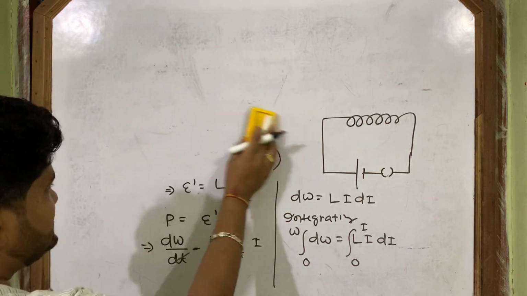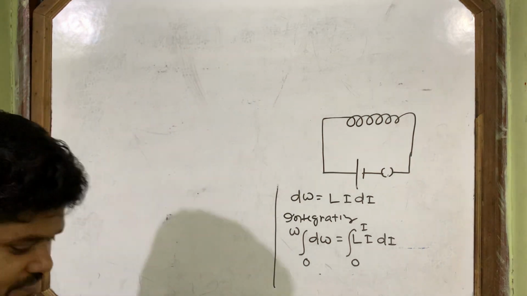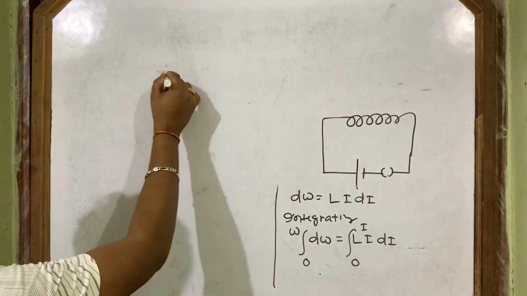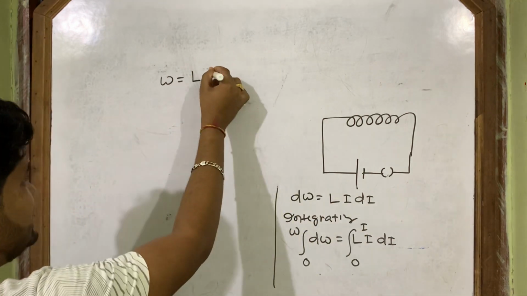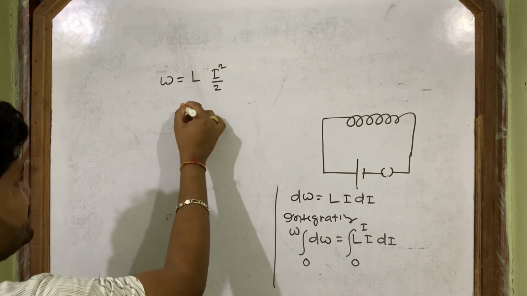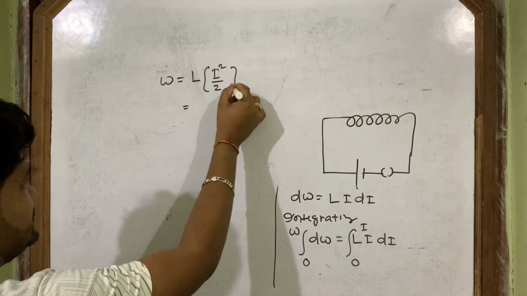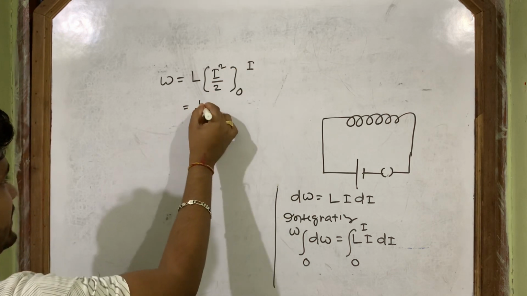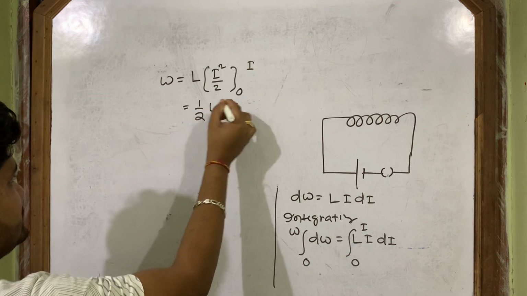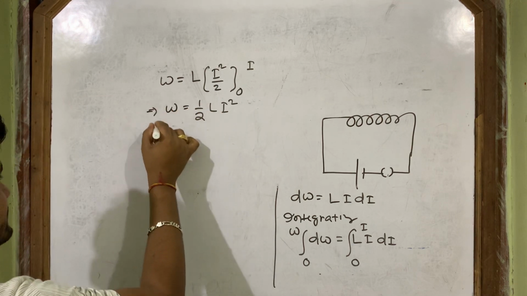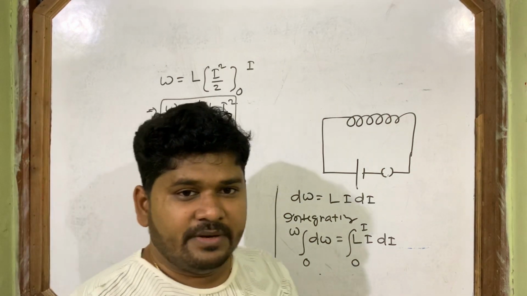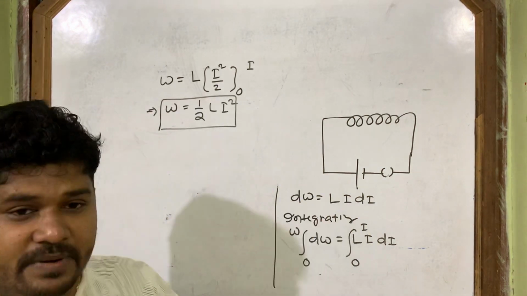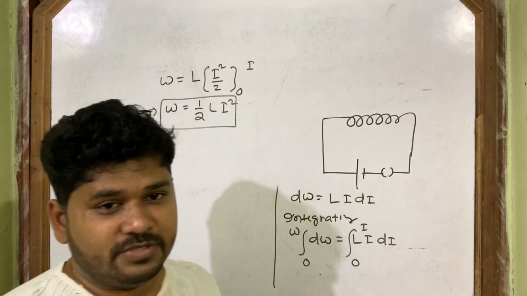Then the integration of dW is W, and here L is constant. The integration of I di is I square by 2, with limits 0 to I. So it becomes half L I square. This is the work done by the applied EMF to overcome the opposition.